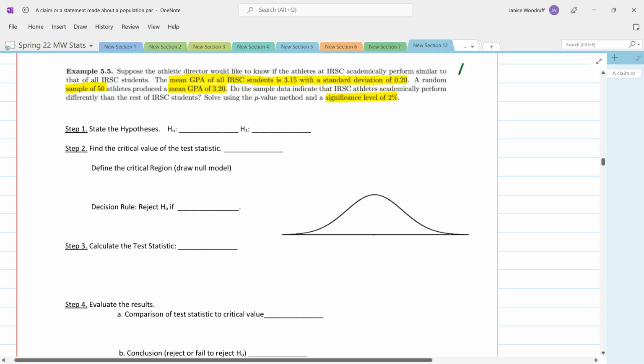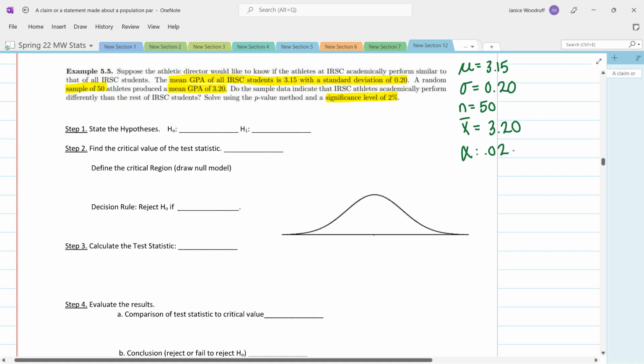We have population mean 3.15, population standard deviation 0.20, a sample size of 50, sample mean 3.2, and an alpha level 0.02.